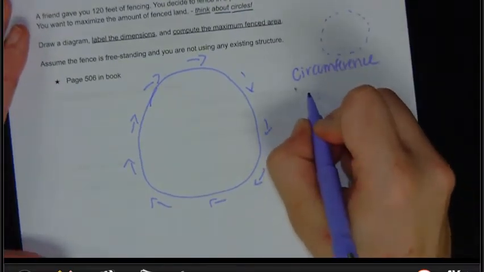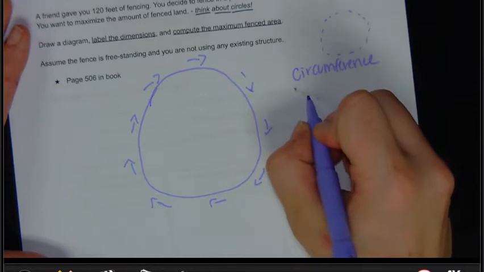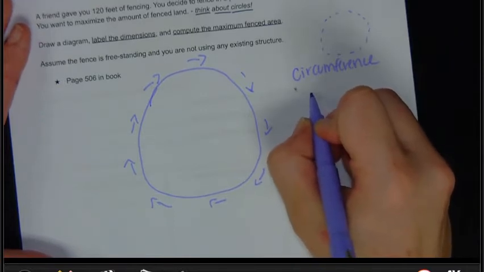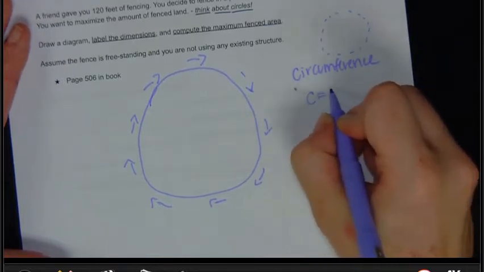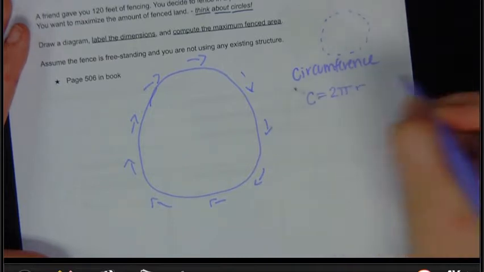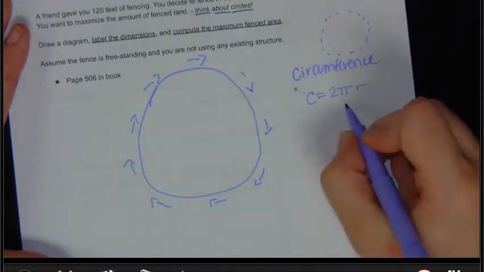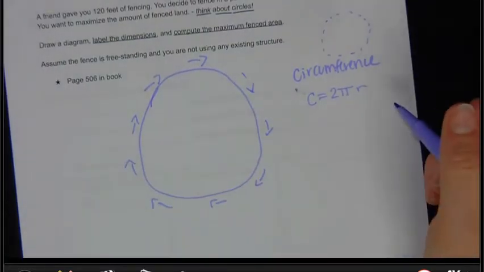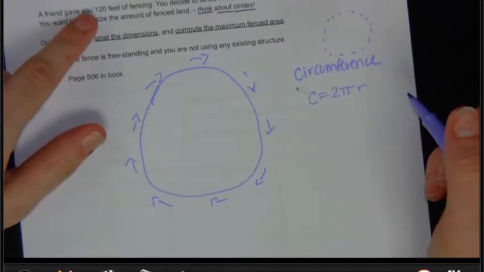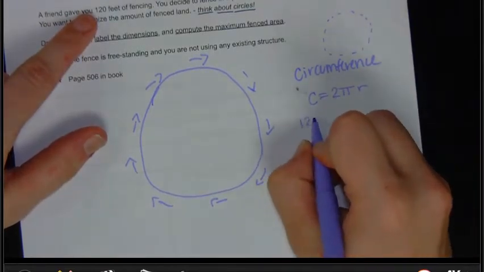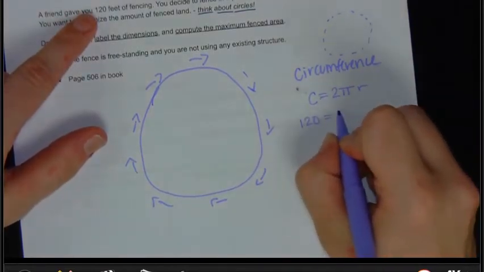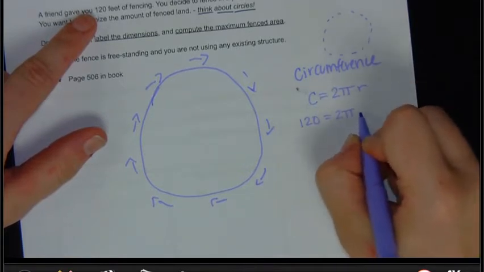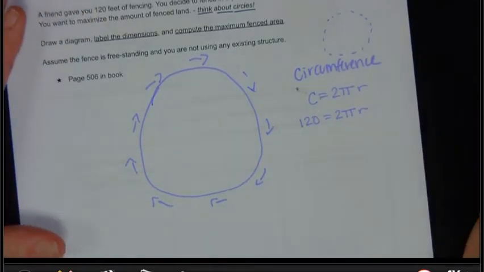Now, how do I find the circumference of a circle? I have two formulas, C equals 2 pi r, or C equals pi times d, but I want to use this one. I want to find the radius. I'm told that the max I can have is 120 feet, so I'm going to substitute 120 in for C and rewrite my equation.